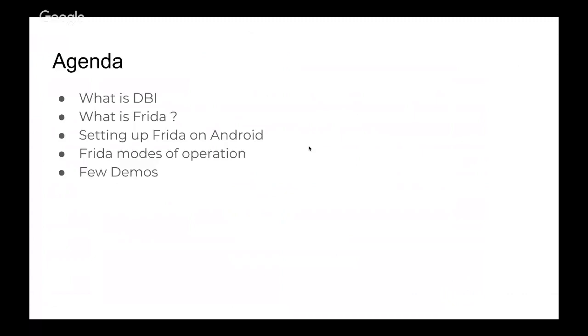We will be just basically touching on the Frida modes of operation, like what exactly they are, and we'll be deep diving into only one of them, which is the injected mode. Going through the slides, we have managed to compile a set of demos, and hopefully those demos work, and hopefully those demos will be able to convey a good idea about what exactly we are trying to talk about, right?